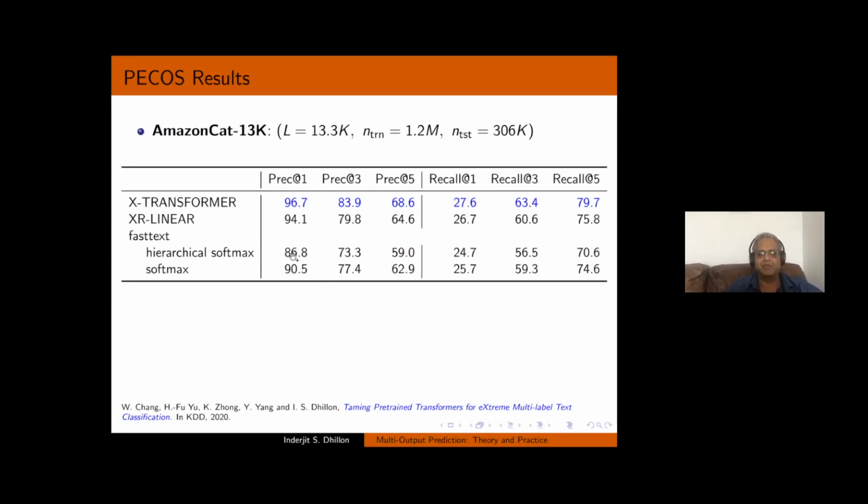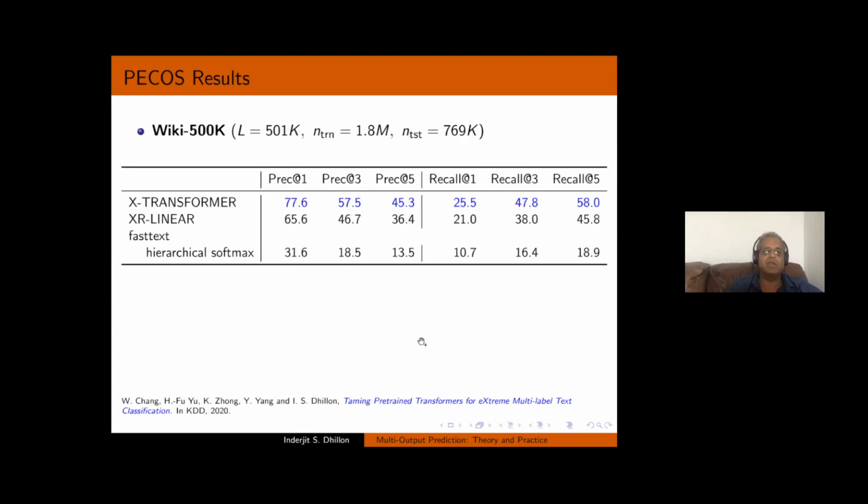Hierarchical softmax is faster, but you can see that it does lead to some decrease in performance. But like I said, this is a small data set, the wiki 500K data set that I had been showing to you. The deep learning model does give a pretty significant gain in terms of these metrics of precision and recall over XR linear.